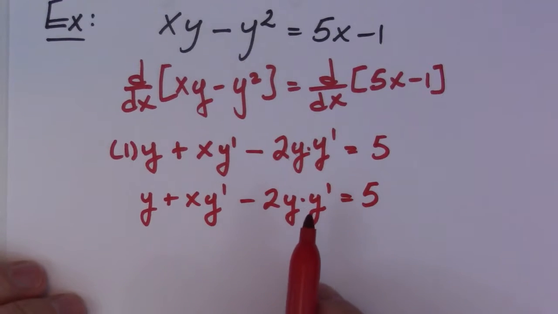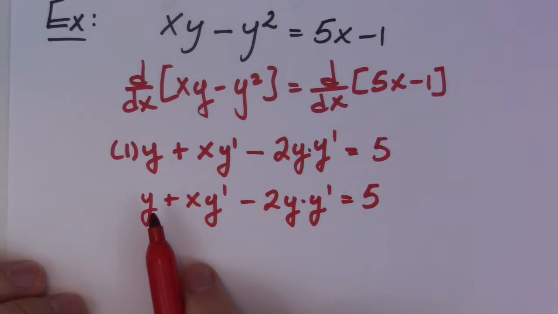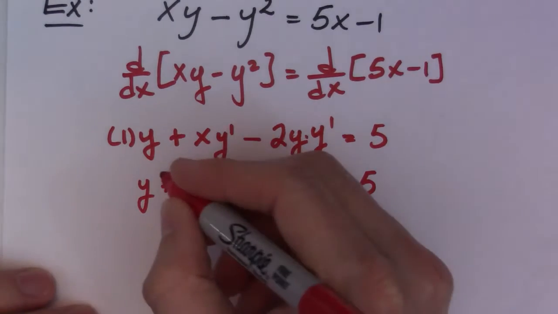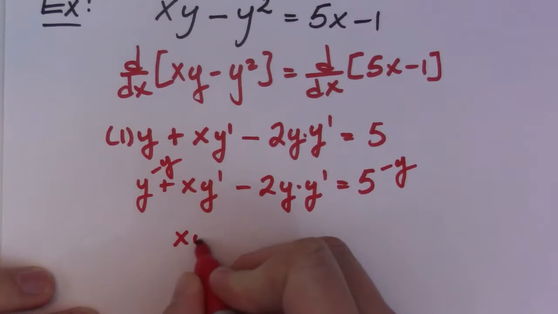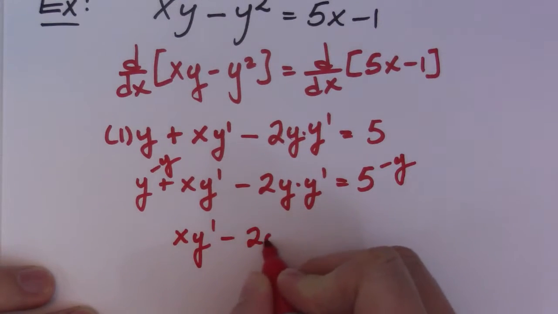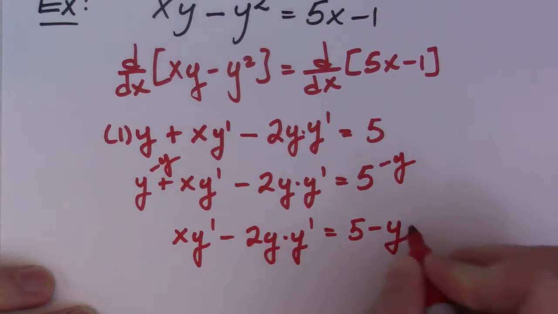Then I want to keep the terms that have y primes on one side and everything else on the other side. So I'm going to subtract y from both sides. I get xy prime minus 2y times y prime is equal to 5 minus y.